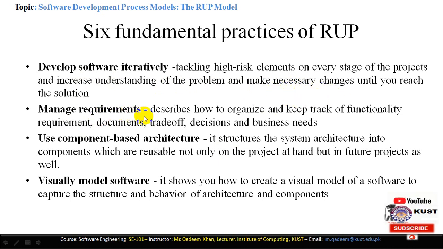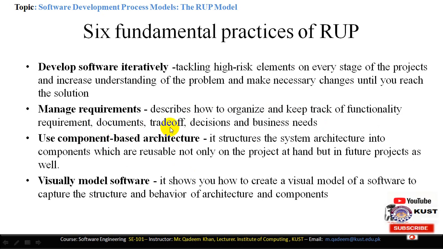Manage the requirements. Here requirement management is performed in a good fashion. So when we are managing the requirements very properly, then we should use the Rational Unified Process model. Here we have requirement changes, documentation about the requirements, and trade-offs among the requirements.